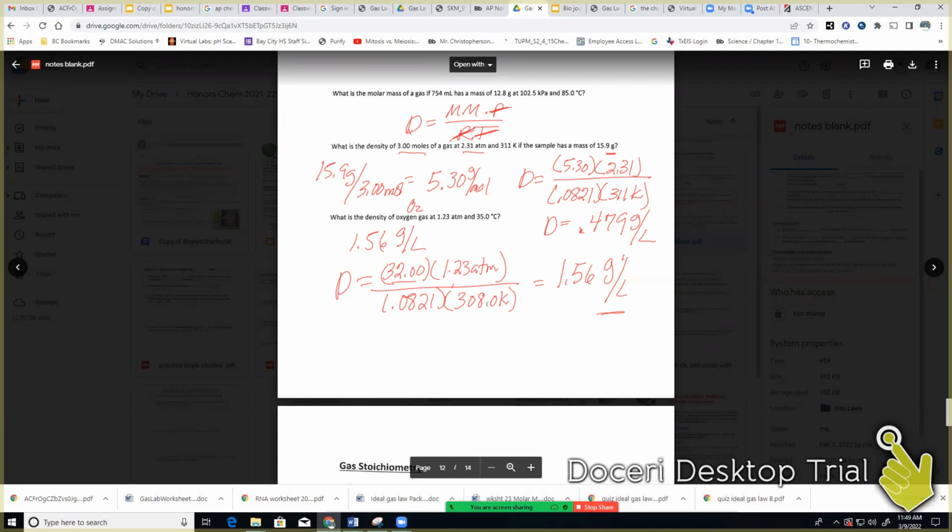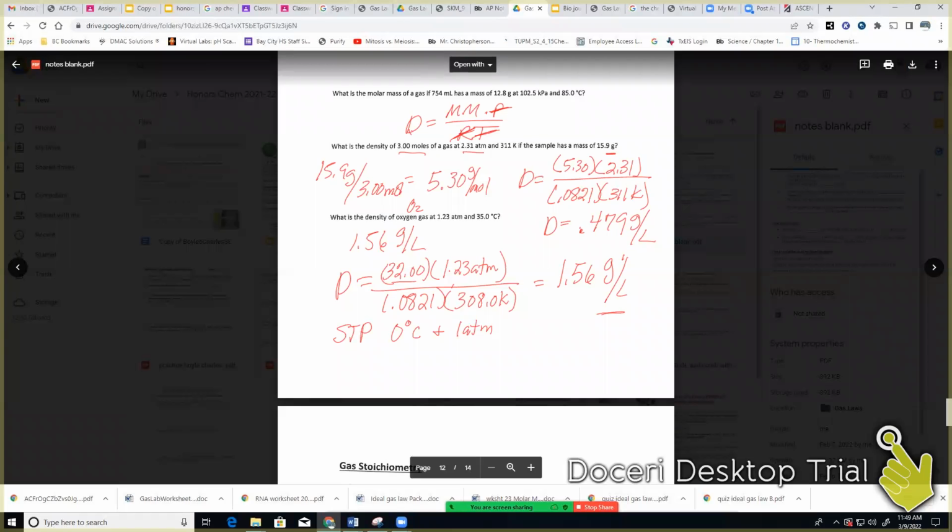It gave you the pressure and temperature originally, and then it said the gas changed to STP. If you look on your reference sheet, on the same side that has all of your R's and pressure conversions, there's one right in the middle that says STP, and I think it says 0 degrees Celsius and 1 ATM.